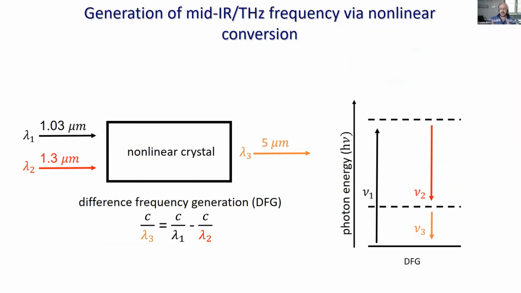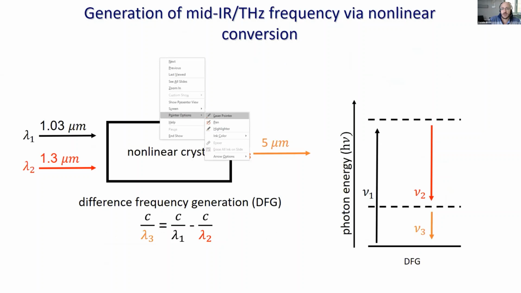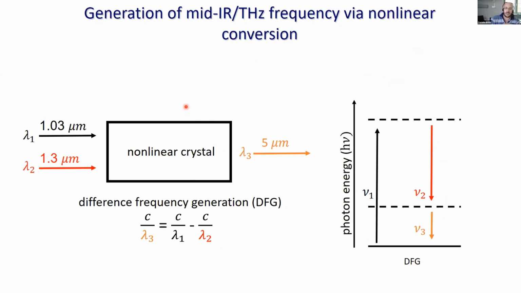This is a mechanism in which you can use two inputs and the nonlinear polarization given by the medium in which you are going to drive this nonlinear phenomenon to obtain at the output the difference frequency generation. This is just an example. If you have a nonlinear crystal with proper phase matching, 1 micron input, 1.3 micron input, you obtain the difference frequency generation between these two frequencies, and you end up with radiation at 5 micron. Okay, so this is a way to access the mid-infrared frequency range.